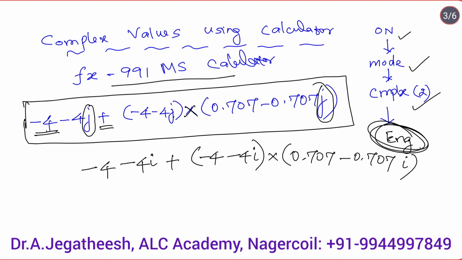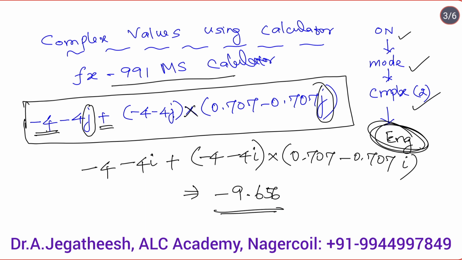You will get minus 9.656, not j, simply 9.656 in this calculator as a real part. The calculator will show only the real part.